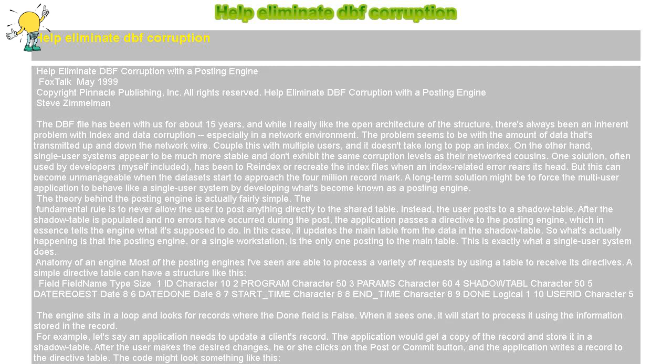The engine sits in a loop and looks for records where the done field is false. When it sees one, it will start to process it using the information stored in the record. For example, let's say an application needs to update a client's record.